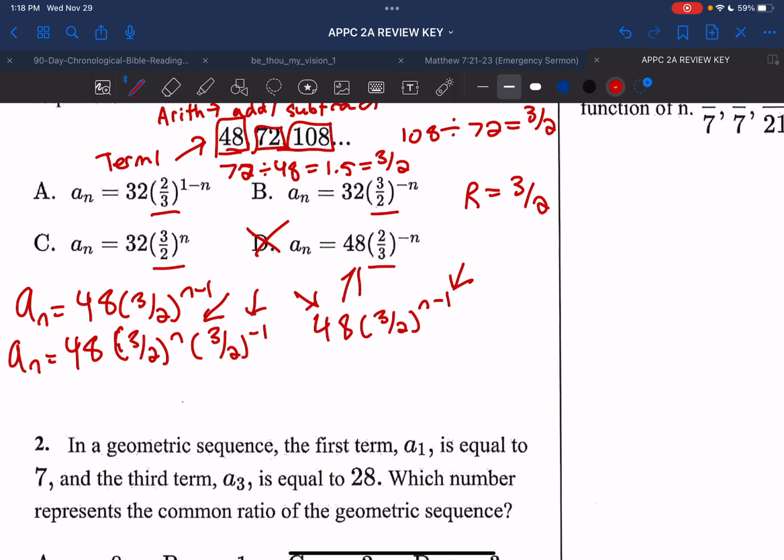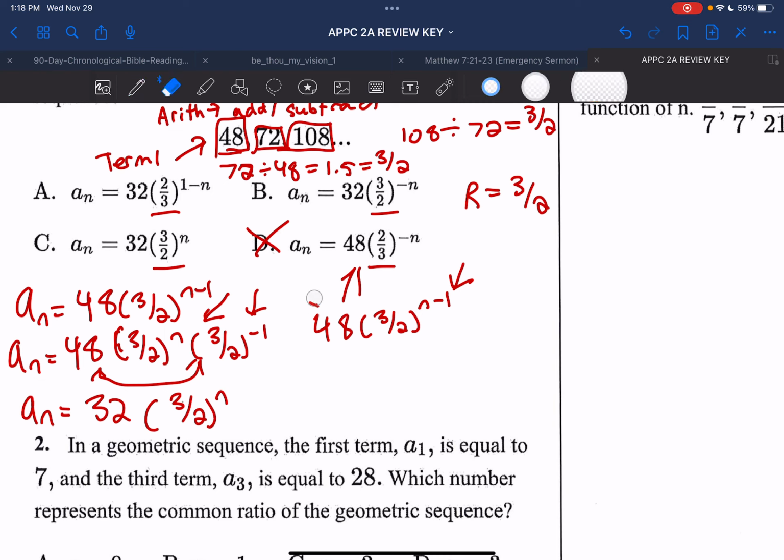So if I type that in my calculator, 3/2 to the -1 times 48, it's going to give me my starting term. If I multiply these two together, that gives me my zero term is 32, so an equals 32 times 3/2 to the n. Okay. And if you're not a fan of that way, I totally understand.